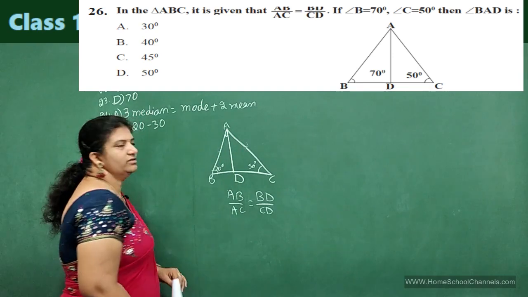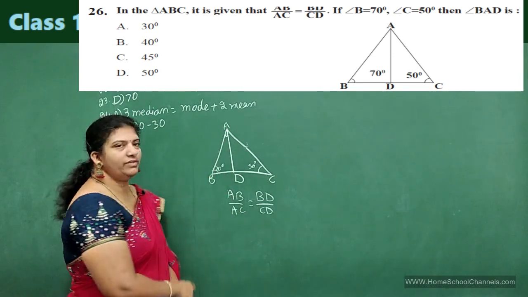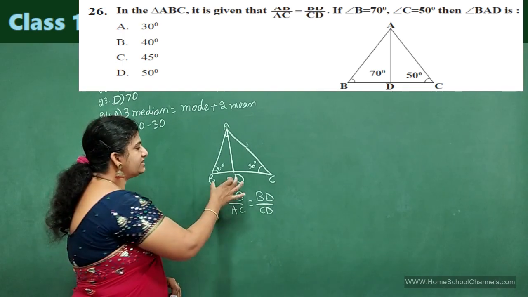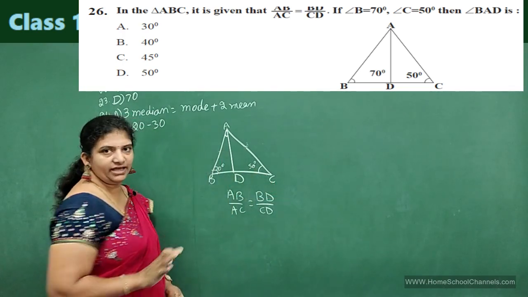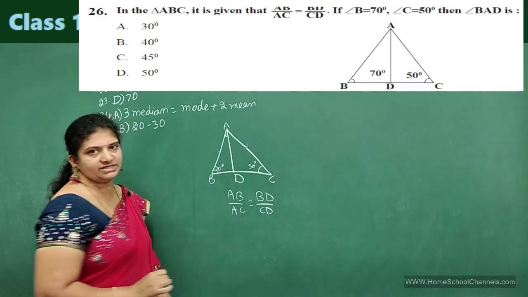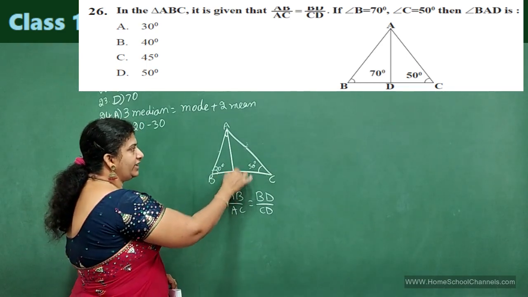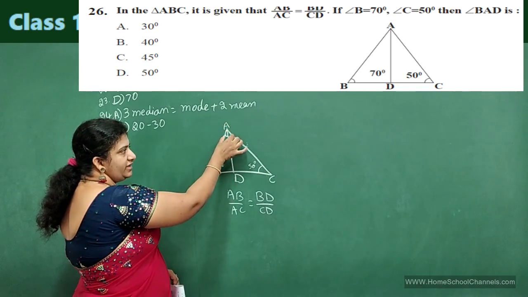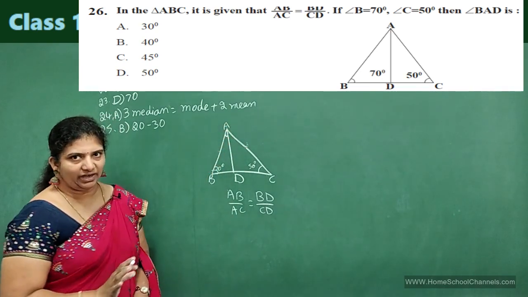We need to find only this angle. Observe the ratio BD is to CD. That means BD is equal to CD. This length equals this length, so D is a midpoint of BC. If D is a midpoint, then AD is a median. If AD is a median, the angle is divided equally.